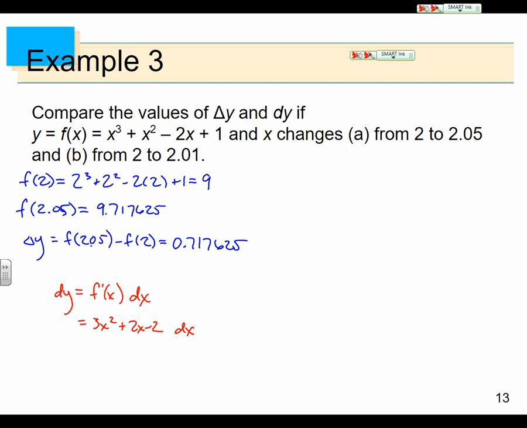When x is equal to 2, my dy, I'll put a little x equals 2 here so you can see when I plugged it in, is going to look something like this. And then my delta x would be, if I'm going from 2 to 2.05, just 0.05, because that's the difference in my x values.